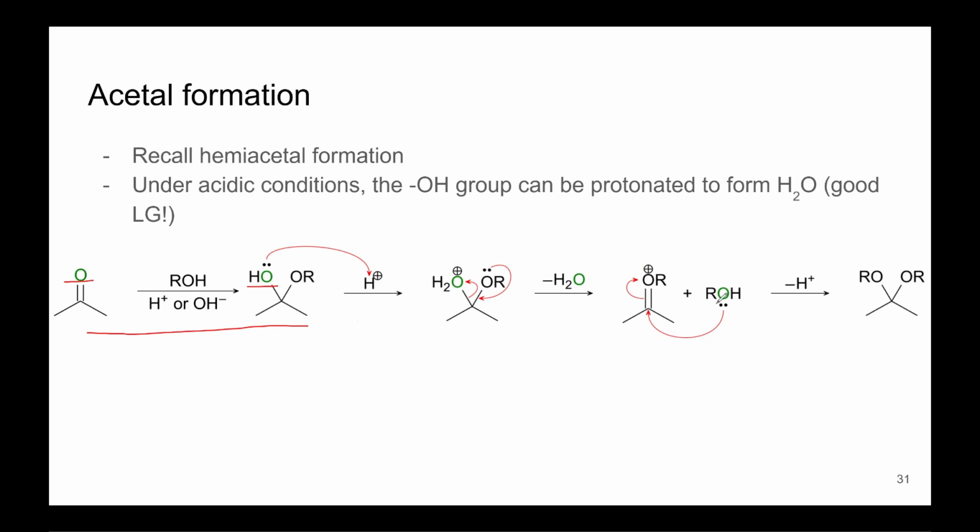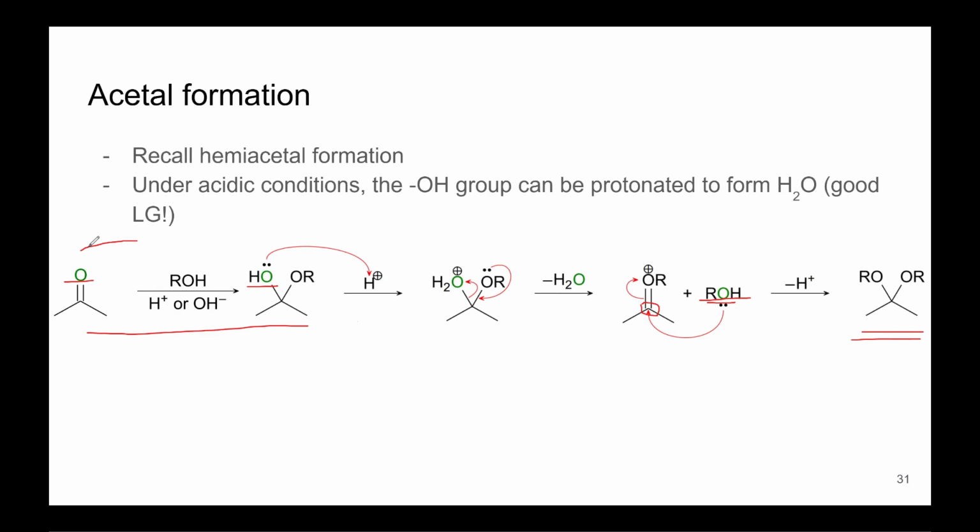So yes, the reaction will carry on further, and you will have another alcohol unit attack this electrophilic carbonyl carbon, and then after you form your tetrahedral intermediate, you just have to get rid of this oxygen, and that will give you your acetal. So this is called acetal.